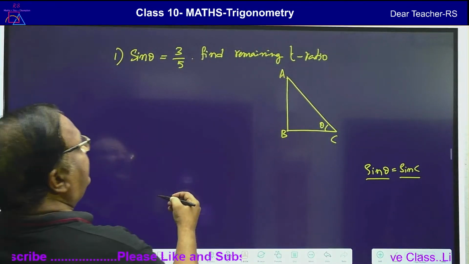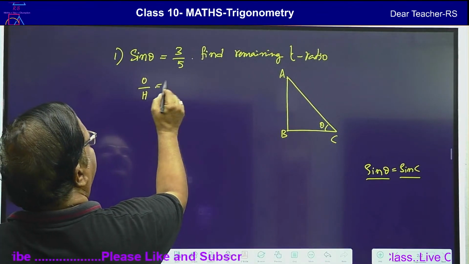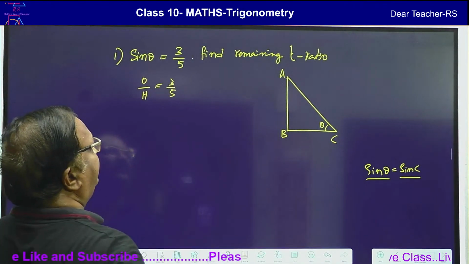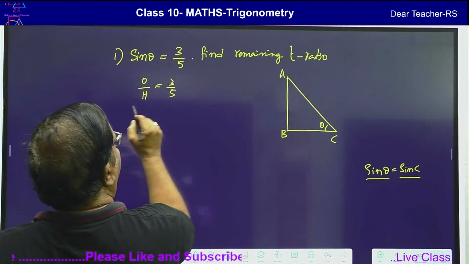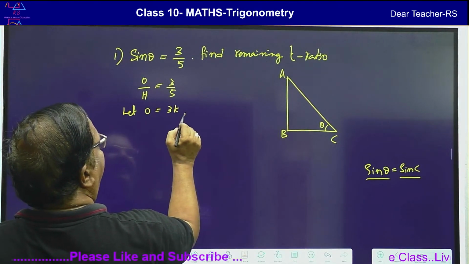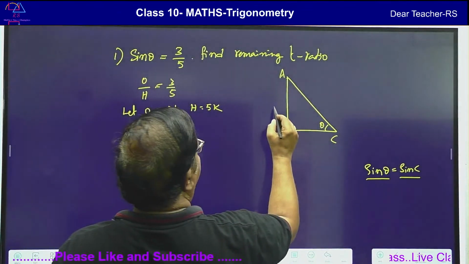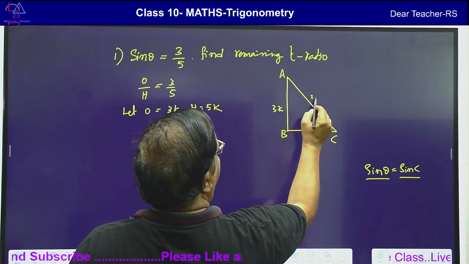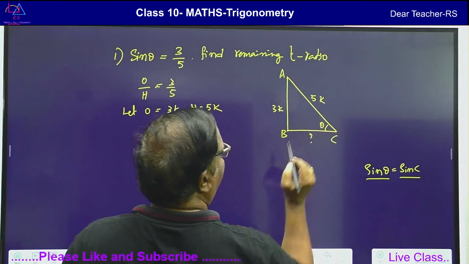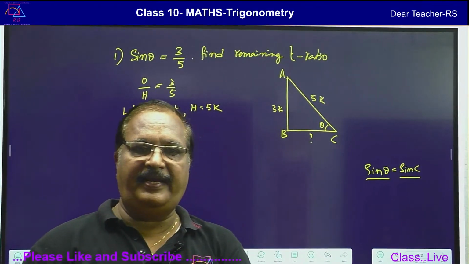Now sin theta is equal to opposite side by hypotenuse, 3 upon 5. So let opposite side be 3k and hypotenuse be 5k. So this is 3k and this is 5k. Let us find the third side, because we need all the 3 sides to do anything.